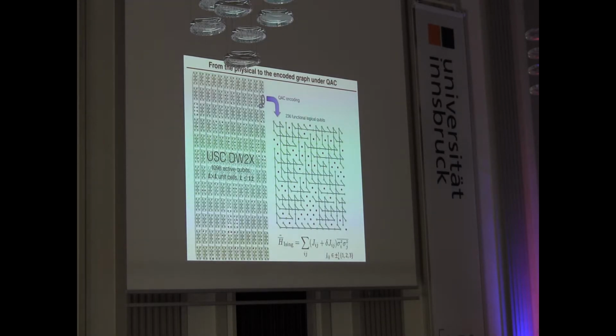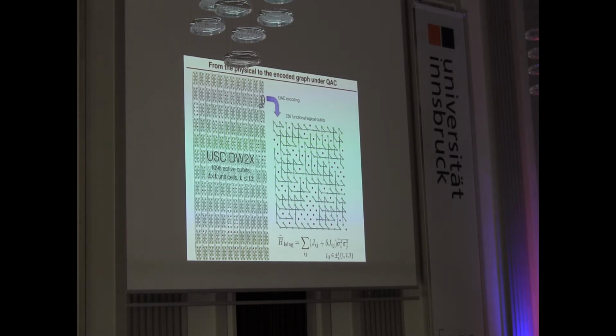So before I go there, we have to recognize that once we do this encoding, we end up with a different logical graph. So here's the physical graph of the 2x. And if we do the QAC encoding, which groups 3 physical qubits plus 1 penalty qubit, we end up with the following logical graph. Every green circle now is a logical plus penalty qubit.